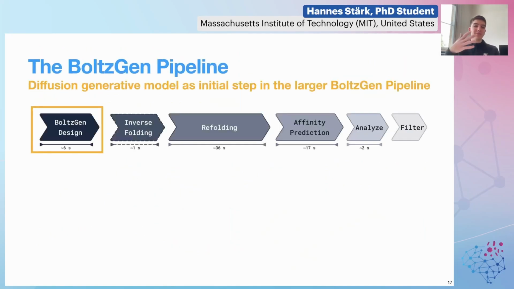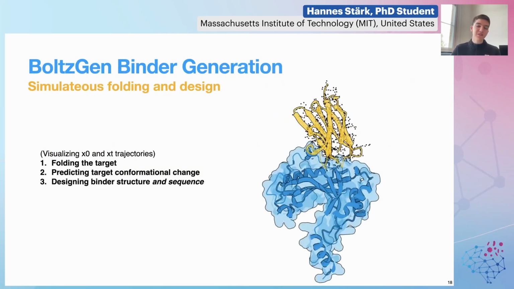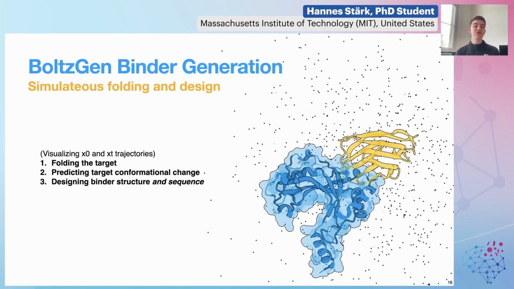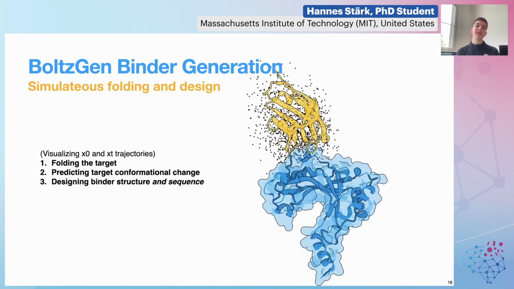Okay, but then I want you to take away that the model that I'm talking about now is only the beginning of the larger BoltzGen pipeline. The first step, maybe the most important step, but the others are also important. So how does this first step now work? What we're seeing here is the denoising trajectory, the diffusion trajectory to generate one sample, one binder.